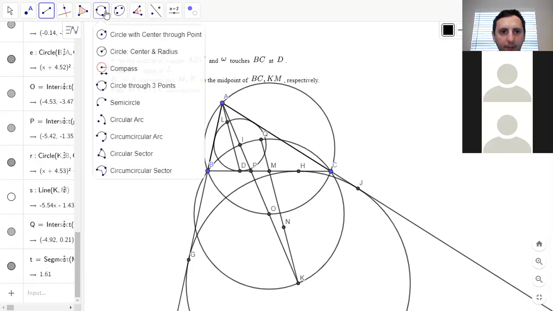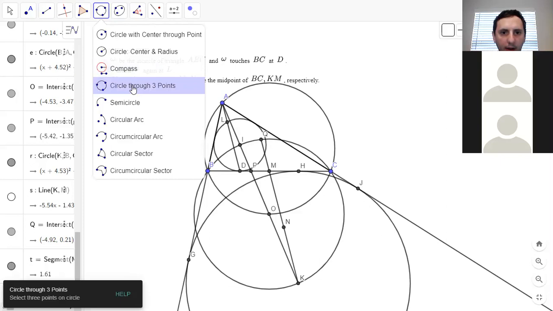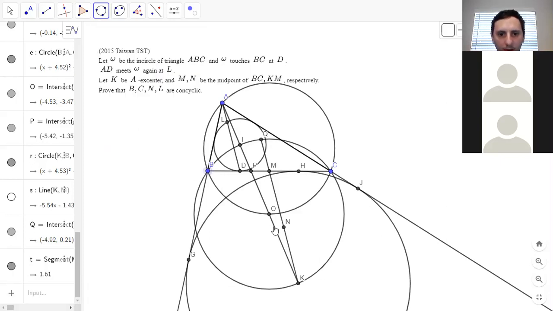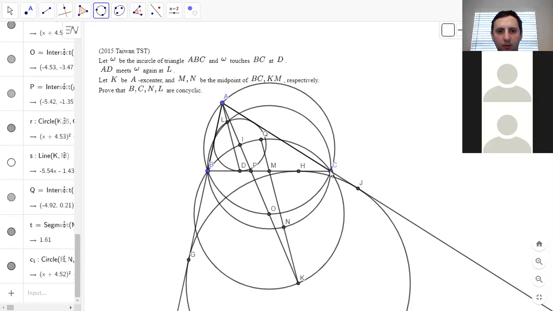So basically, actually I should draw the circumcircle of BLC. I could just let this meet it at another point. So let's see.